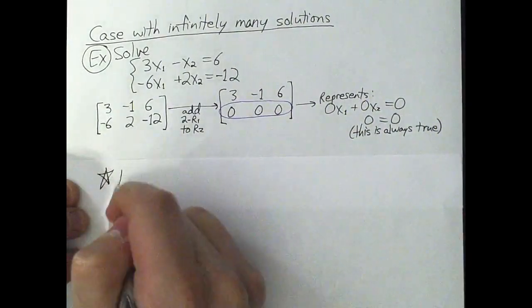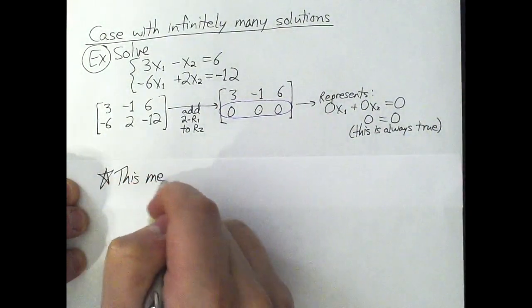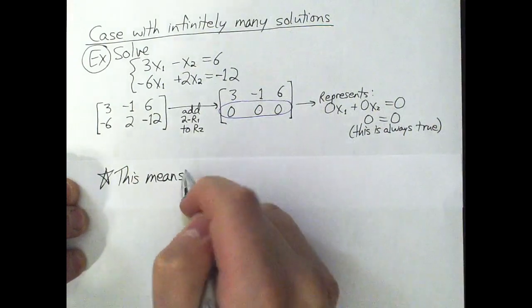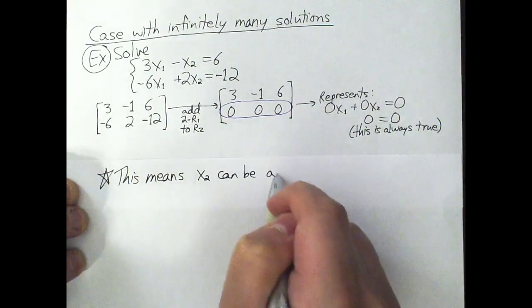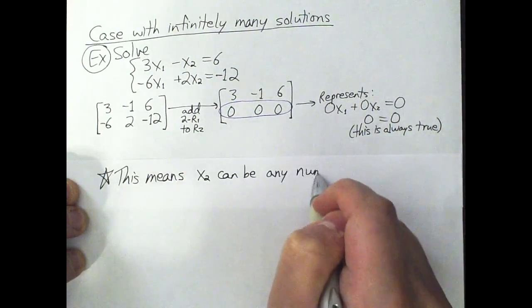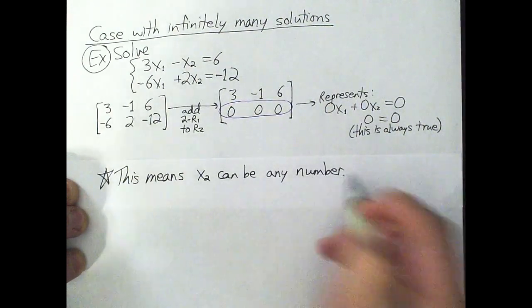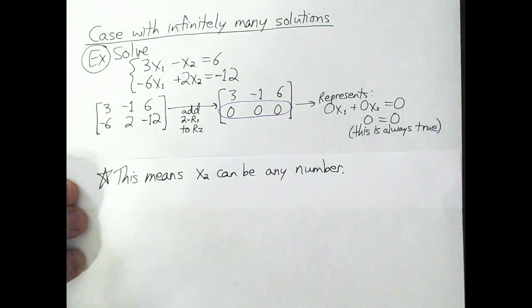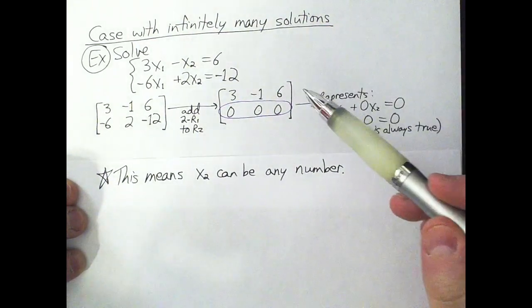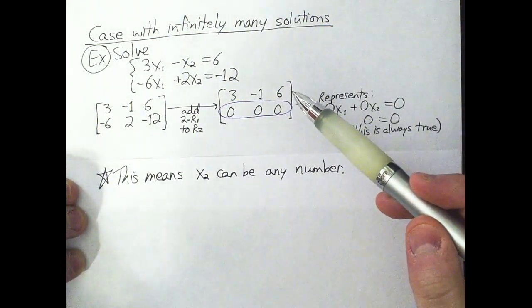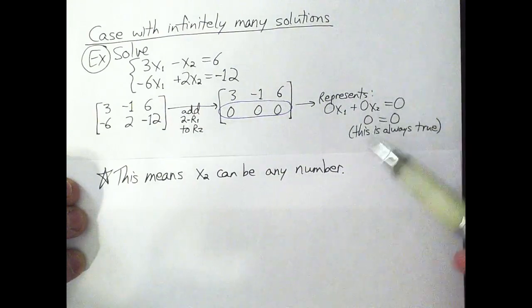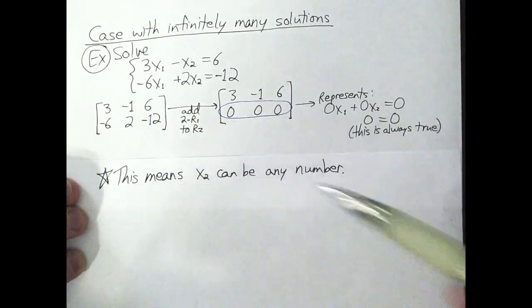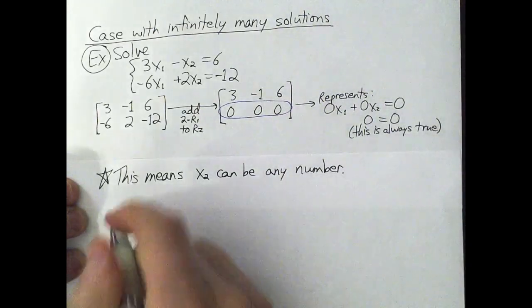So because this came from row 2, this means x2 can be any number. I'm saying that row 1 typically tells us what x1 is, row 2 typically tells us what x2 is, and because we got this, it's telling us x2 can be anything.